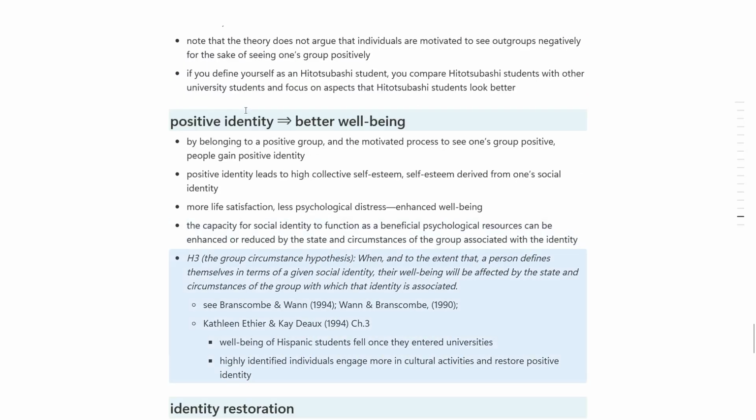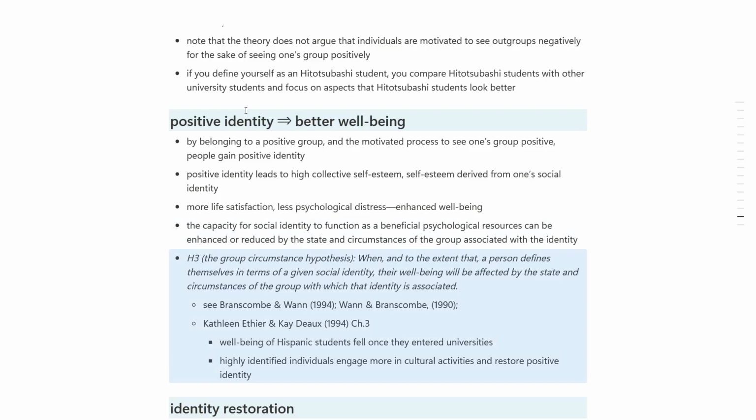And then also, the group state is not static. It could be high or low at any given moment. So let's think about the Olympic Games again.